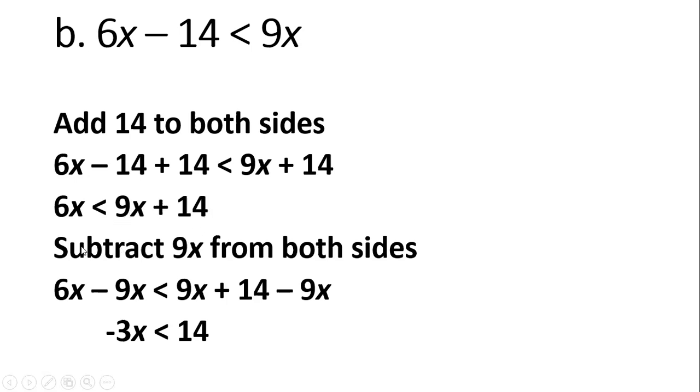So you subtract 9x from both sides. You have 6x minus 9x less than 9x plus 14 minus 9x. So minus 9x and 9x will be 0, and there 14 plus 0, which is 14. So you have, subtracting the coefficients, minus 3x is less than 14.